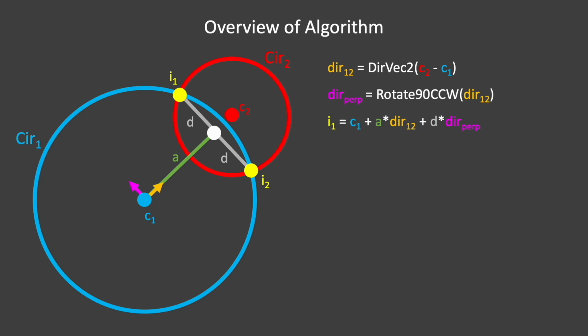And notice that our problem is actually reflectionally symmetric over the line segment from C1 to C2. So that means if we reflect I1 over C1, C2, we'll get I2. And so that means that I2 is equal to C1 plus A times dir12 minus D times dir_perp.